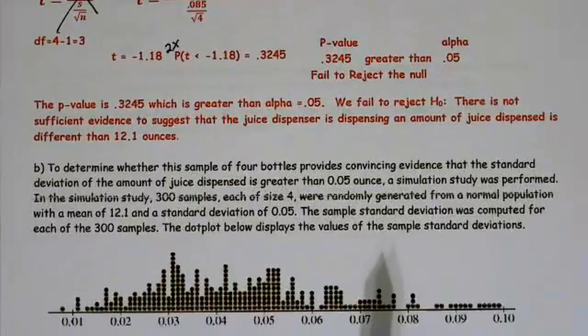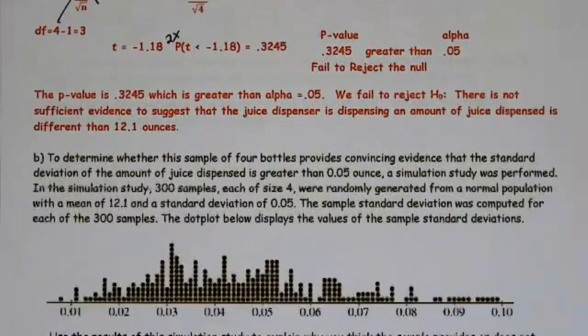So to determine whether the sample of 4 bottles provides convincing evidence that the standard deviation of the amount of juice is greater than 0.05, a simulation was performed. 300 samples, each of size 4, were randomly generated from a normal population with a mean of 12.1 and a standard deviation of 0.05. The sample standard deviation was computed for each of the 300 samples. The dot plot display shows the values of the sample standard deviations.